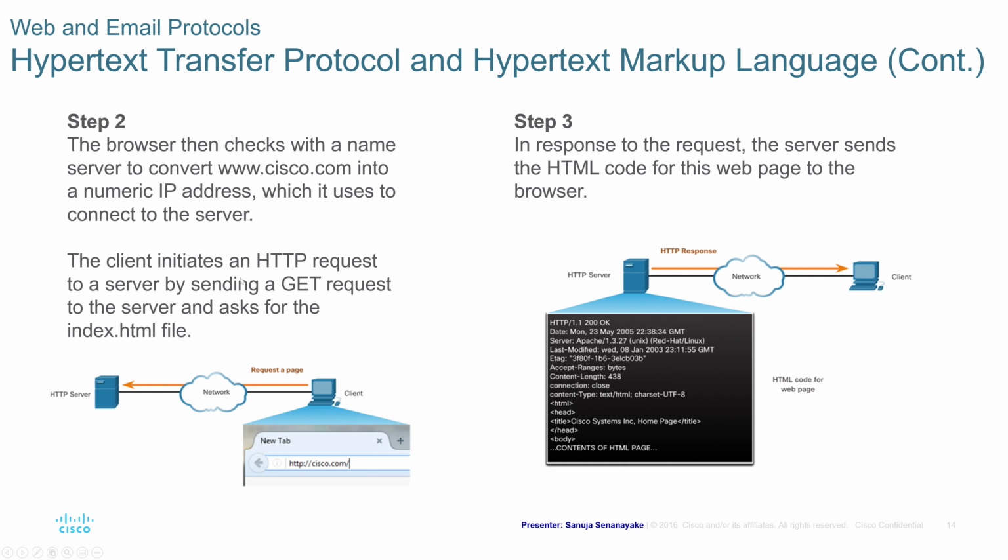I will not go into depth on that, but I will create a separate course on basic web systems, and I will explain that in that course. For now, what you need to understand is the GET request is sent by the client, and that's what causes it to receive that index.html file.